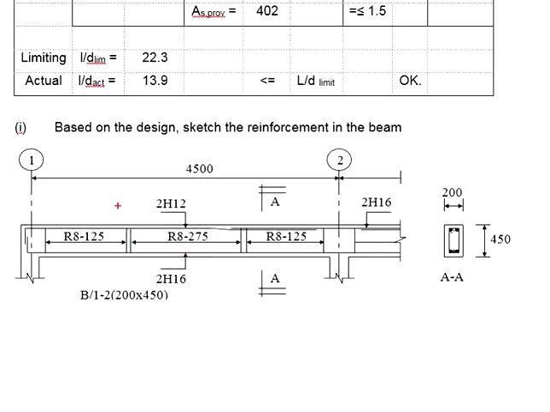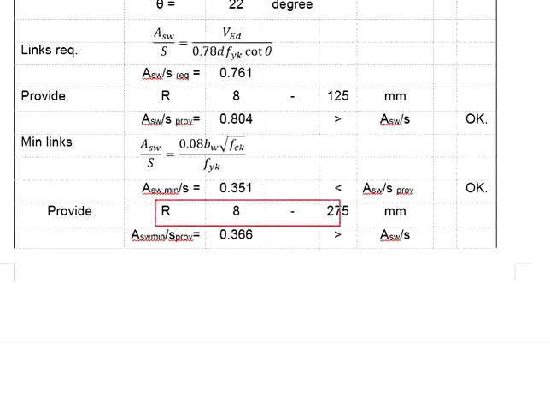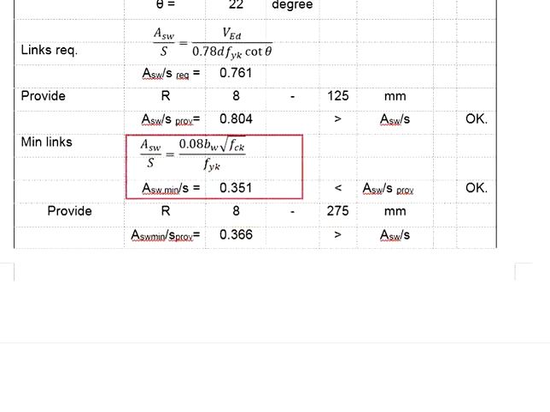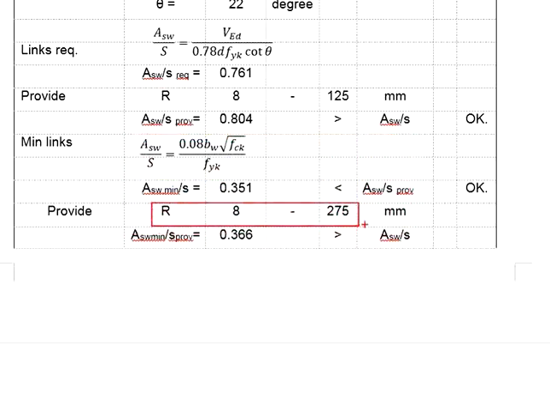Let's say now you intend to provide the minimum shear link at the midspan where there are low shear loads. You will need to determine where you need to provide those minimum shear links. First, you need to decide the amount of reinforcement bar provided as the minimum shear link, which we have already calculated just now, equals R8 275. The Asw per s ratio will be 0.366.